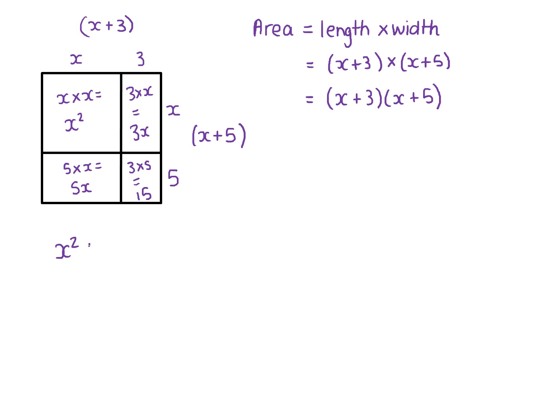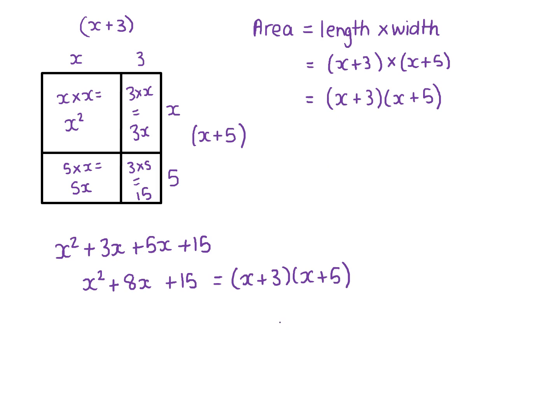So altogether, I've got x squared plus 3x plus 5x plus 15. So that's x squared. I can combine 3x and 5x to make 8x plus 15. So we know that that is the same as this. And that's a good way to think about what you're doing when you're expanding double brackets.